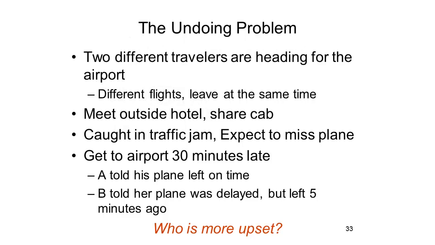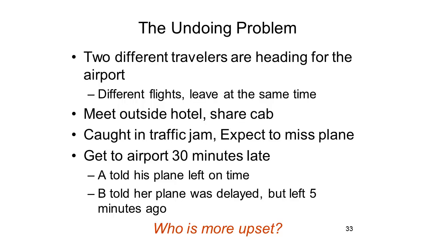Here's an example of the simulation heuristic at work known as the undoing problem. Imagine that there are 2 different travelers that are heading for the airport to take 2 different flights that are scheduled to leave at the same time. That sometimes happens, especially in big airports. They meet on the curb outside their hotel and they decide to share a cab to the airport.